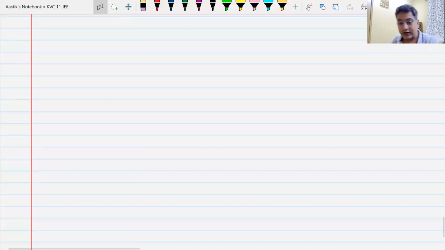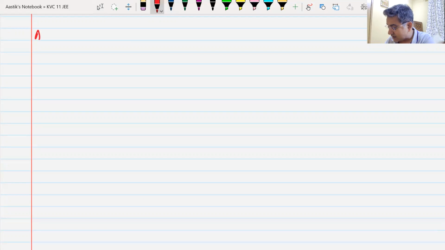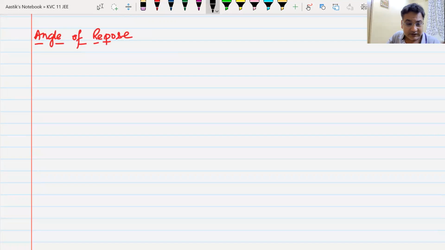And I think you have a practical based on this in your 11th standard, in which you will have an inclined plane whose angle can be changed, and you have to find out the value of this angle of repose. How are you going to find it?